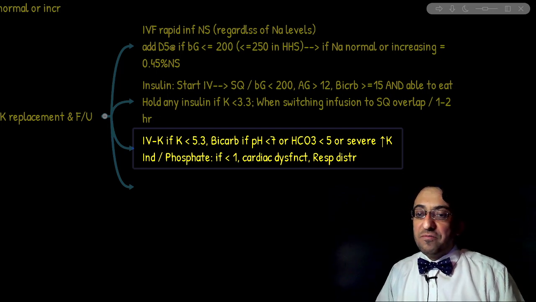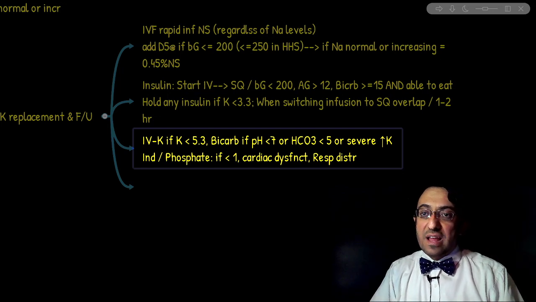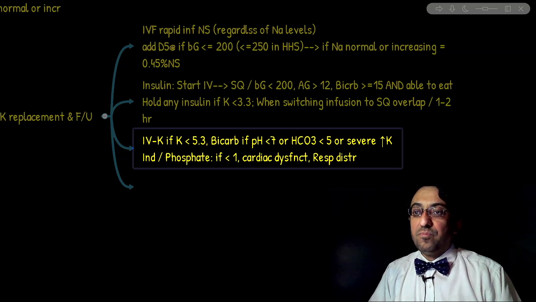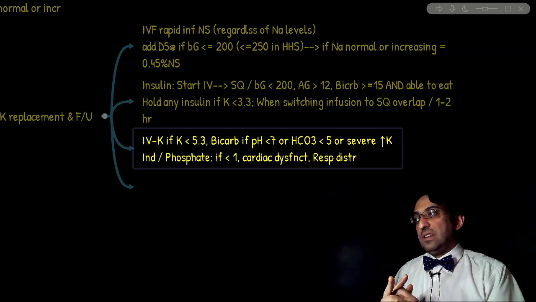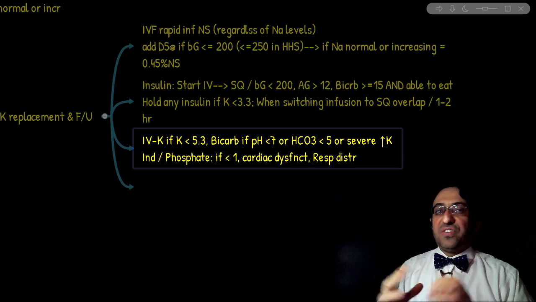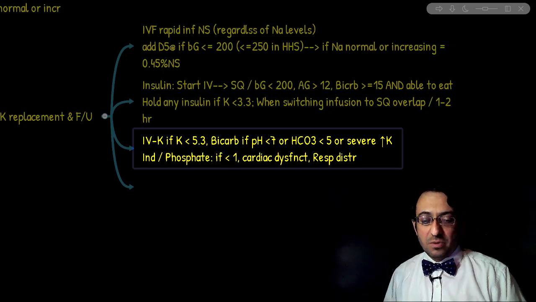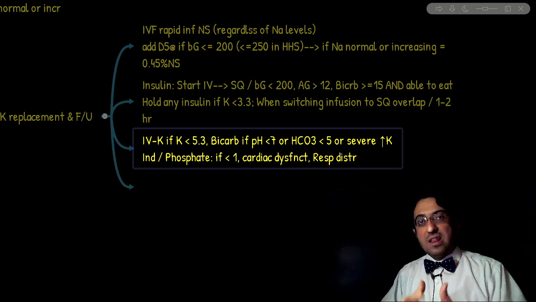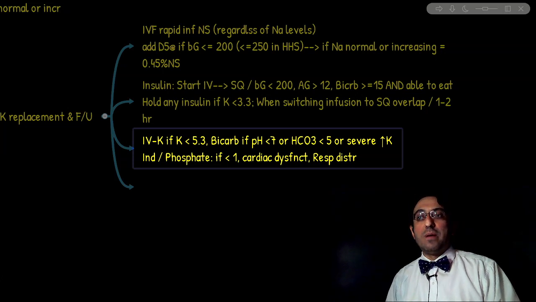If the value of phosphate is less than 1 milligram per deciliter, or if the patient has cardiac dysfunction or respiratory distress due to respiratory depression. What electrolytes should be monitored in the case of phosphate abnormalities in the setting of DKA? Calcium. Of course, it's logical to know that calcium and phosphate are interconnected. We need to measure calcium level in the case of phosphate abnormalities.